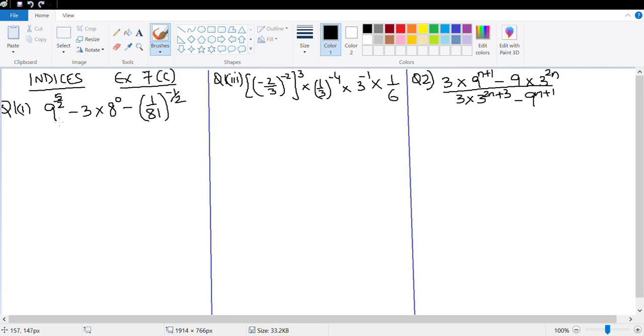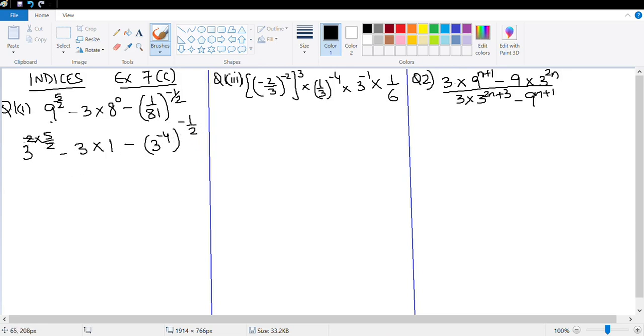So I can write this as 3 to the power 2 multiplied with 5 to the power 2 minus 3 into 8 to the power 0, which is 1. 81 can be written as 3 to the power negative 4 because it's in the denominator, so the power is negative, multiplied with negative half.